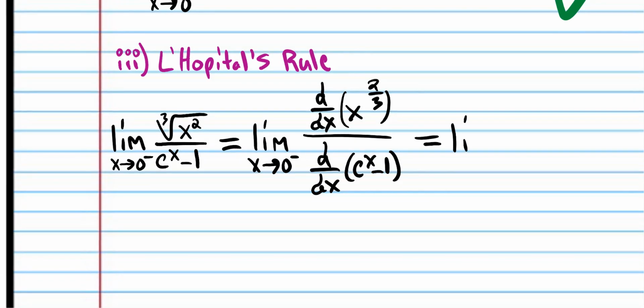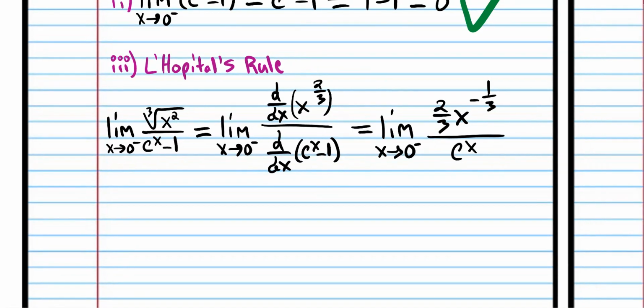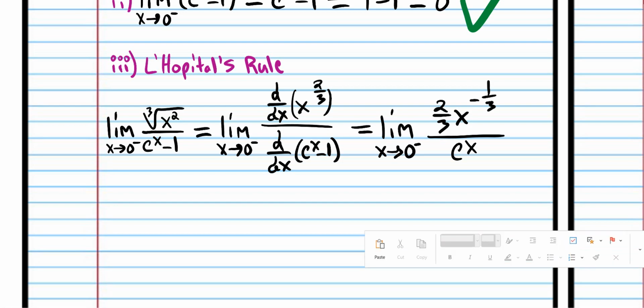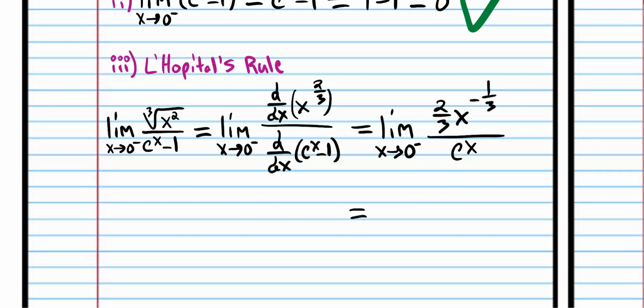So we have 2/3 x to the negative 1/3 over e to the x, and let's change the form of this so we can understand what's going on.